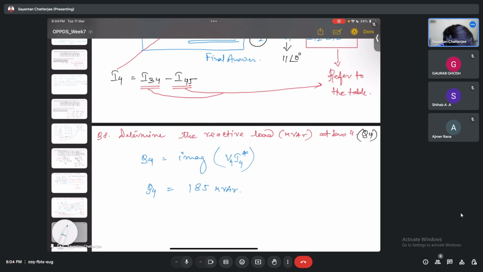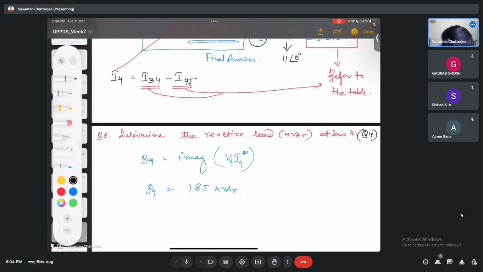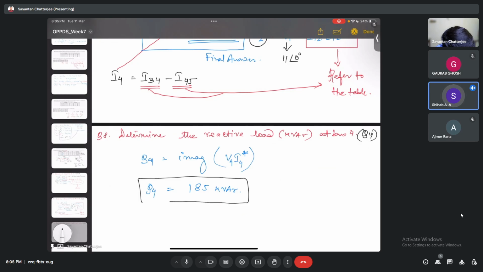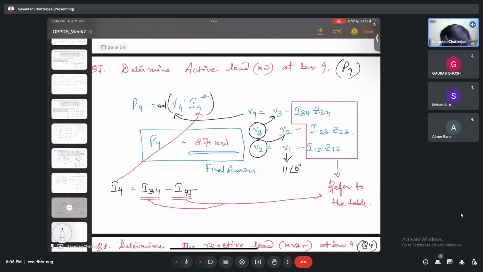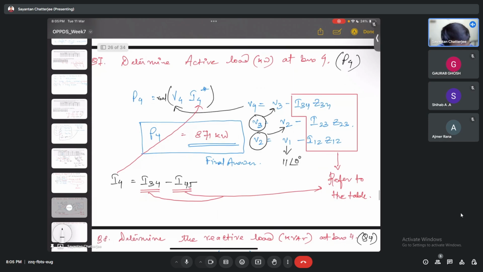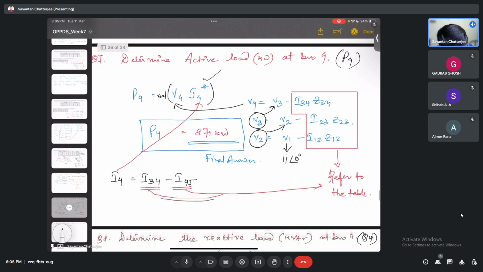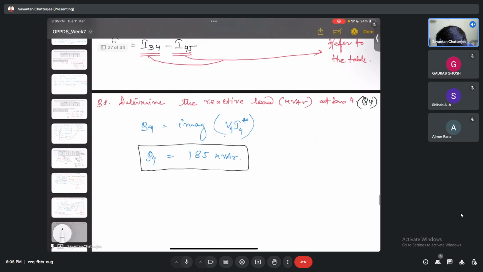Is it clear? How is it 185, sir? Already we'll get the values. If we use V4 I4 conjugate, that will give the apparent power. From here already we have calculated that. We just take the real part, that will give 871, and this one is the apparent power.